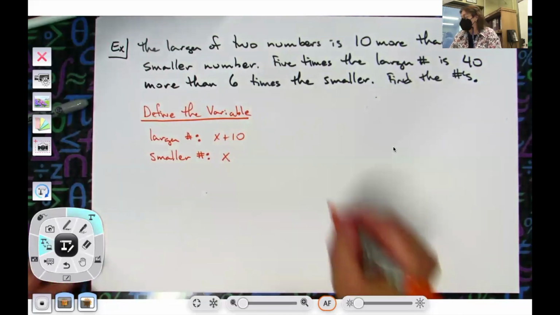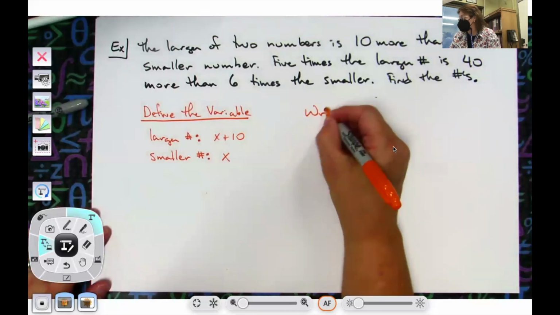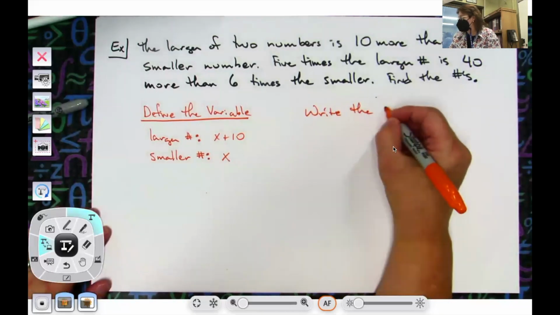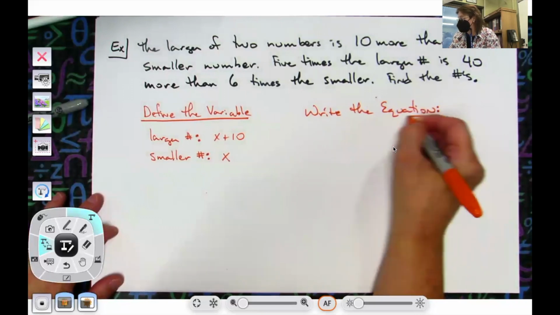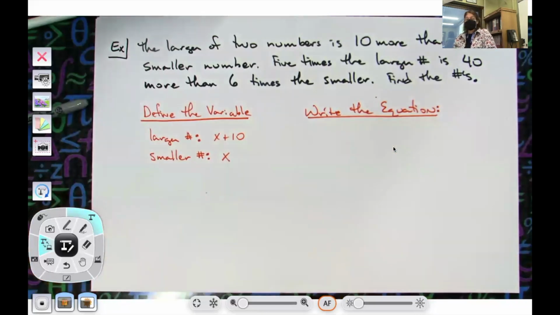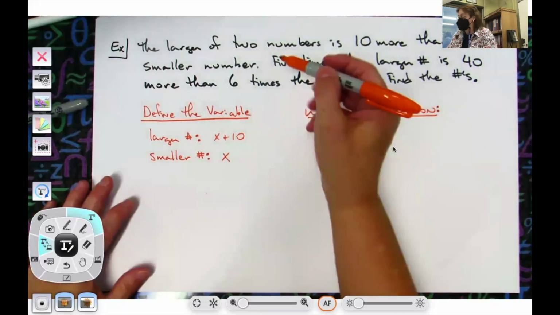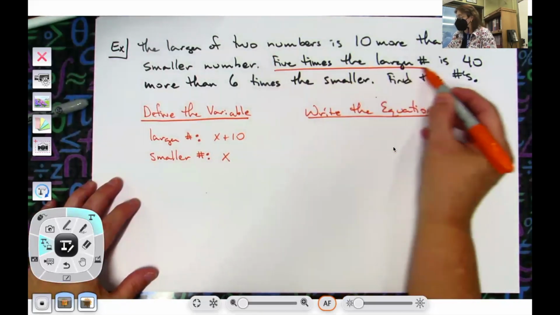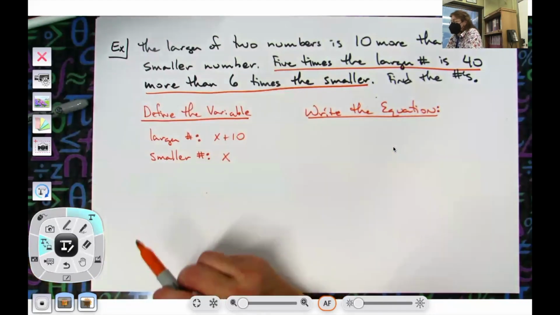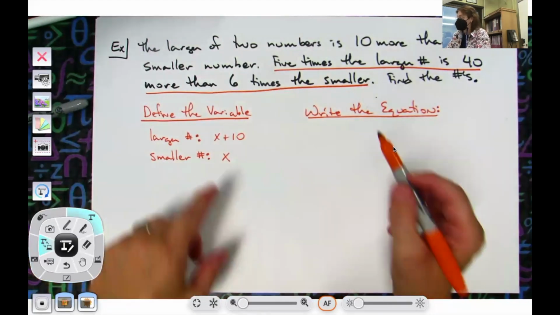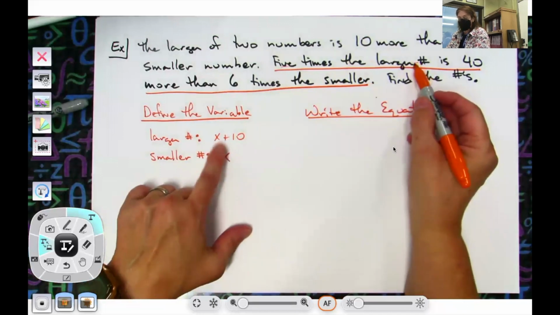Okay, now you're going to write the equation. Now I'm going to take a look at the second sentence to write my equation. So that's the part right there that I'm going to focus on. 5 times the larger number, okay? 5 times the larger number. All right, well, there's my larger number.